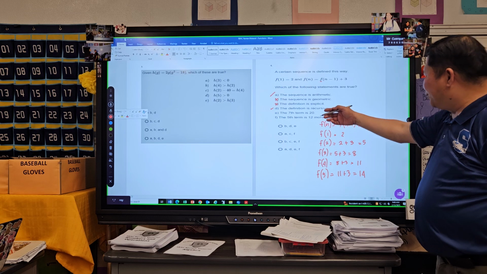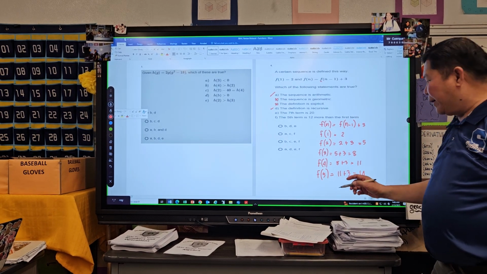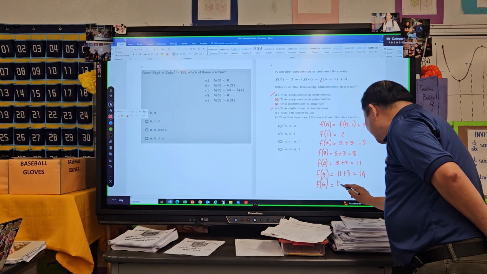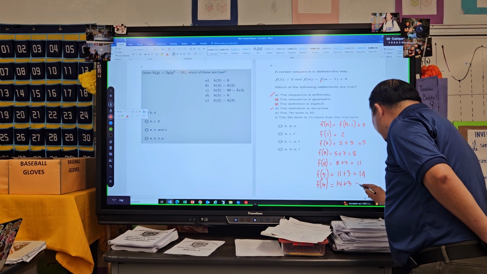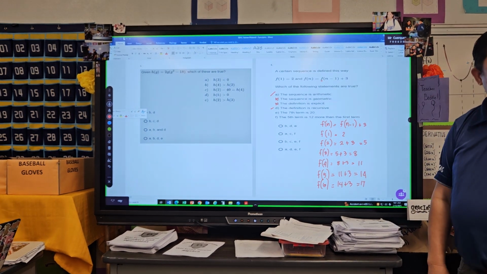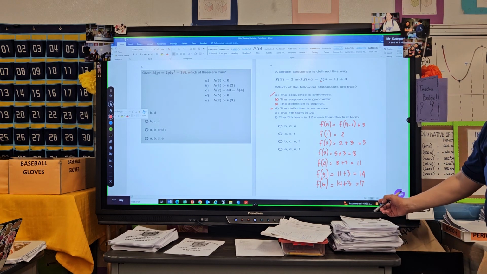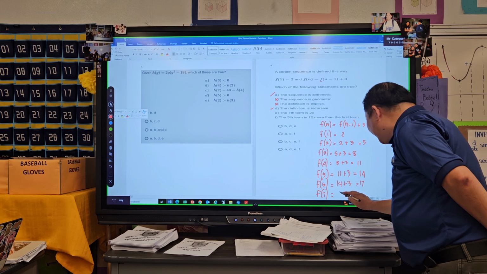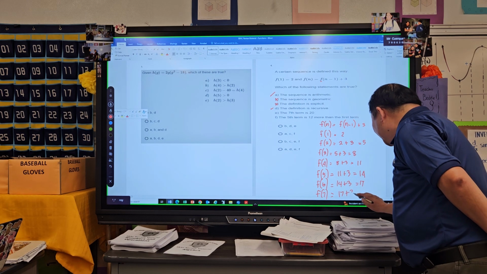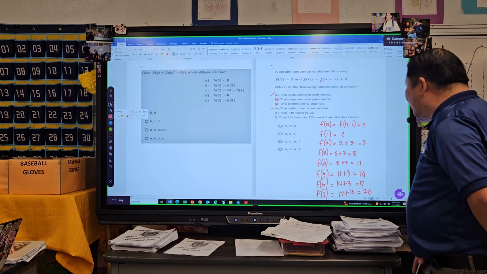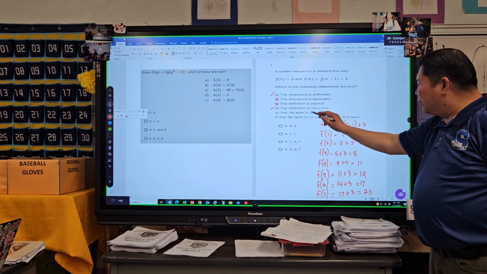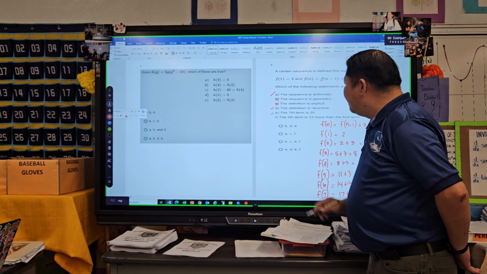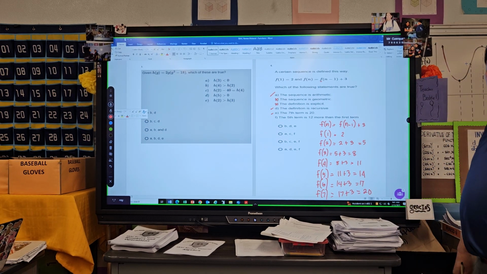And then, shall we proceed until 7? What is 7? What is 6 first? So f of 6 is equal to 14 plus 3, which is 17. Is this clear, guys? Next, we do f of 7. So f of 7 is 17 plus 3 is equal to 20. So what does it say? The 7th term is 20. Is this correct? So this is correct. Okay? The statement is true.